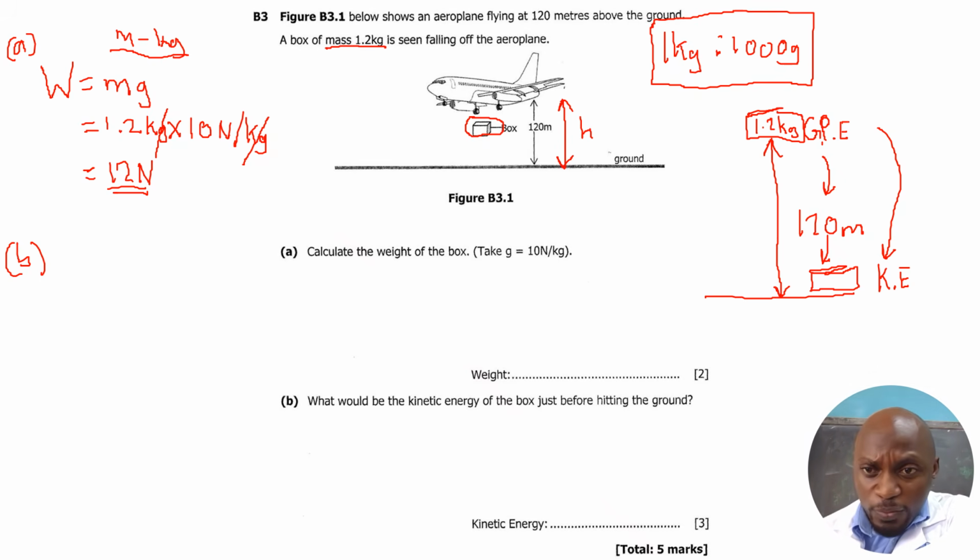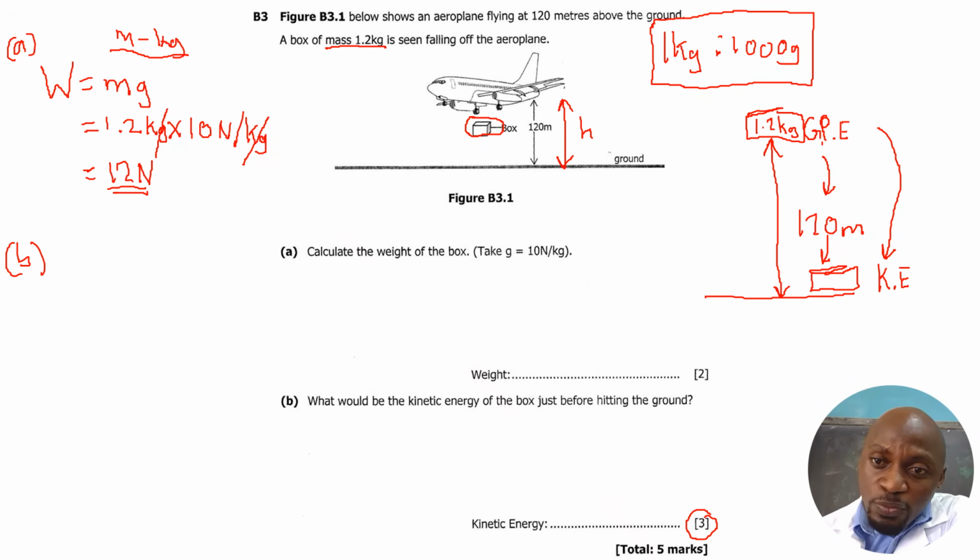This question is 3 marks, so it requires us to understand the principle of conservation of energy. Energy can neither be created nor destroyed, but it can only be converted to other forms of energy. At the height of 120 meters, the box has gravitational potential energy.